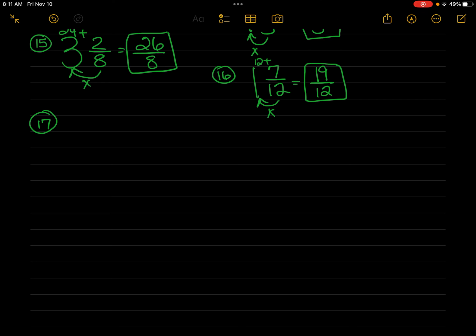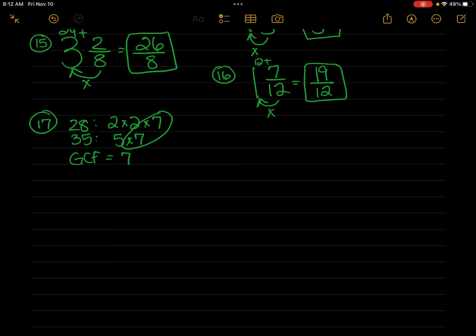So on number 17, it says 28 is 2 times 2 times 7, and 35 is 5 times 7. So you're looking for GCF. For GCF, all you're looking for is what they have in common. So 7 is what they have in common, so your GCF equals 7. That's it.